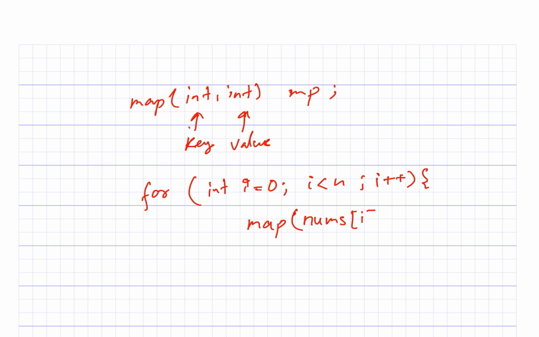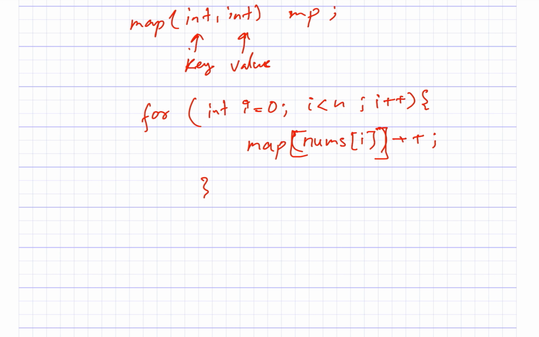Nums of i, we will do this. So we will count if all elements in the map are crossing our limit or not. So for that, we will use a for each loop. Let's say m in map, our map mp.